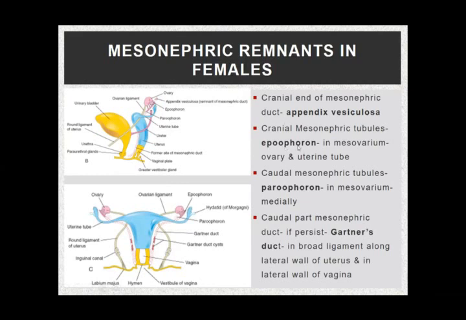The epoophoron is present in the mesovarium, which was present between the ovary and the uterine tube. This is the cranial part of the tubular remnants of mesonephric tubules, and the caudal part of the mesonephric tubules that remain is called the paroophoron. These also lie in the mesovarium, but are placed more medially.